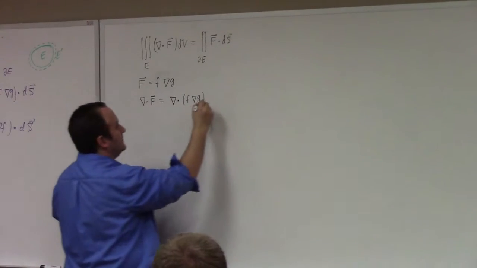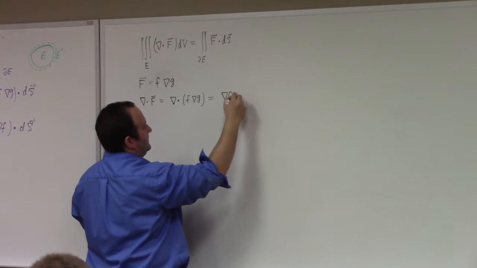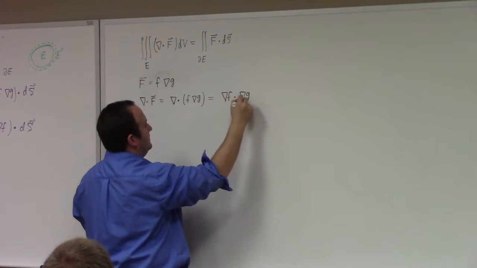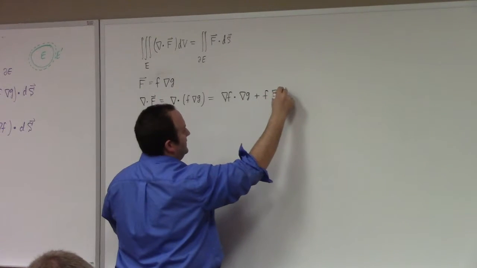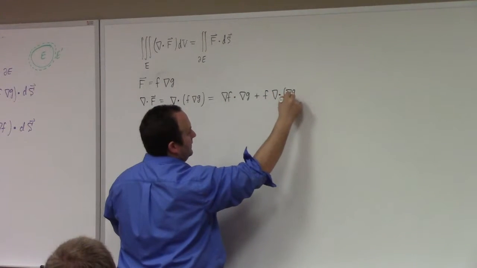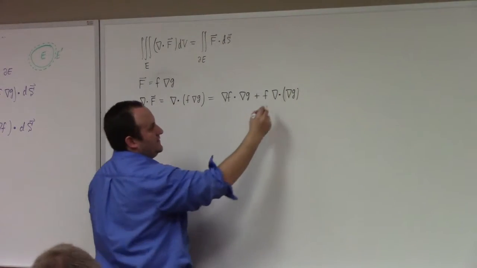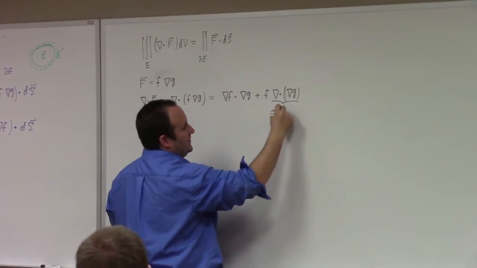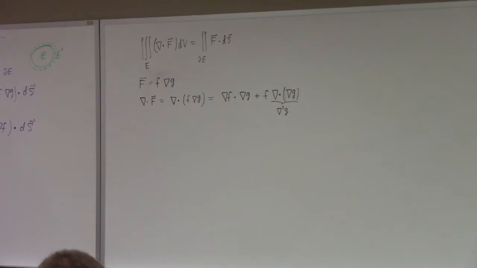It is the gradient of f dot the vector field, which in this case is the gradient of g, plus f times the divergence of the vector field, the gradient of g. All right? Oh, fine. This is exactly what is meant by del squared g, the Laplacian of g. Done.